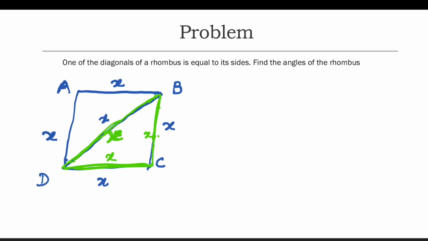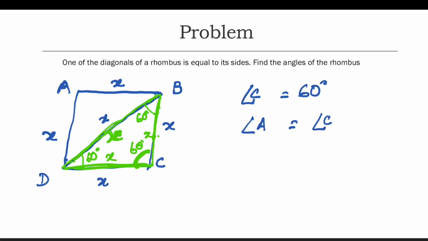What is the angle of the triangle? Angle of the triangle is 60 degree. So this is 60 degree, this is 60 degree, this is 60 degree, right? So angle C is equal to 60 degree. How much would be angle A? Angle A would be equal to angle C, equal to 60 degree.